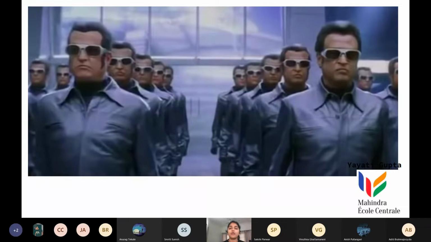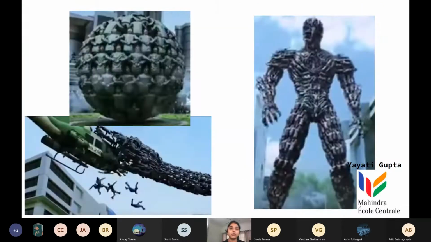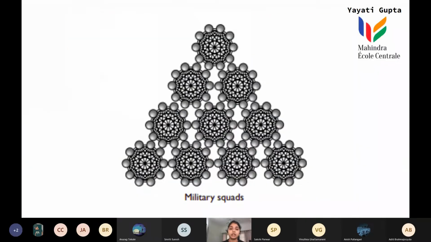So all of you would have watched this movie, I'm quite sure. These are three snapshots which I took from the movie. And here also you can see a network component. All these three, what I call mega robots, can perform different functions, and the only difference between them is how the smaller entities are connected with each other.